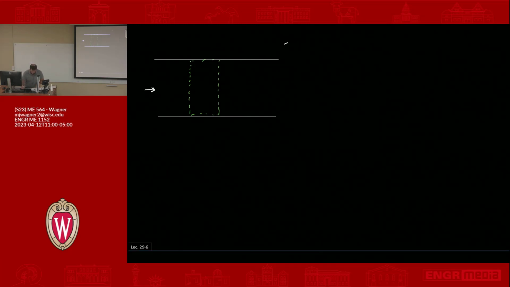So let's say we want to look at the sum of forces in the x direction plus x momentum in has to equal x momentum out, plus any time rate of change of x momentum internally.